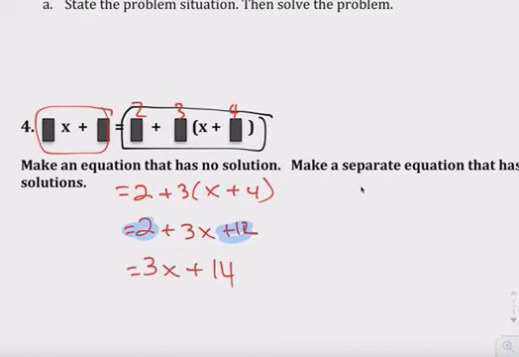We only want 2 here. The rate of change needs to be the same, or we can see this as a coefficient. We call it coefficient because it's not graphing. It needs to be the same. So 3x, and the y-intercept, in this case it's called a constant, has to be different. Oh, can't use 1. Let's make it 2. Okay, so 3x plus 2.